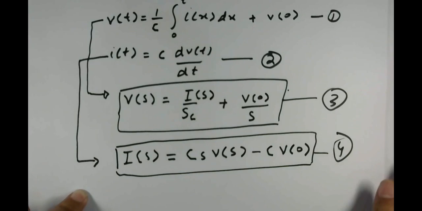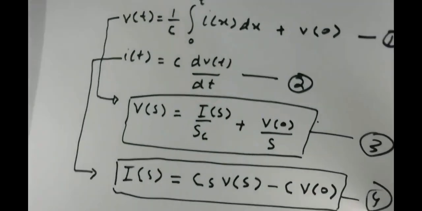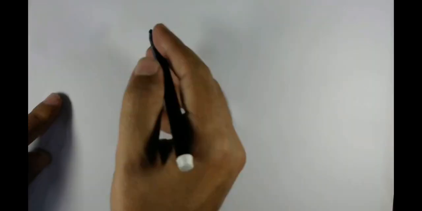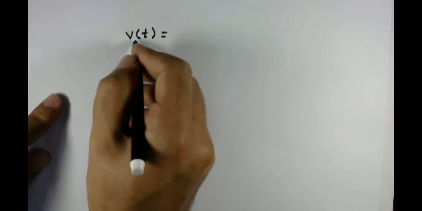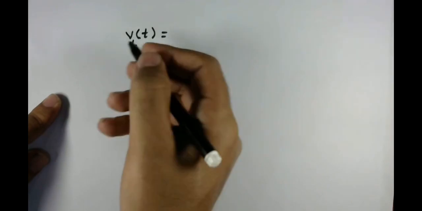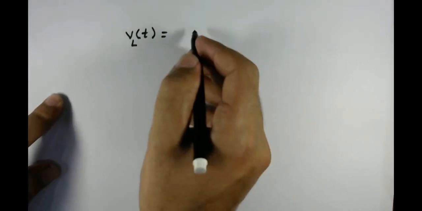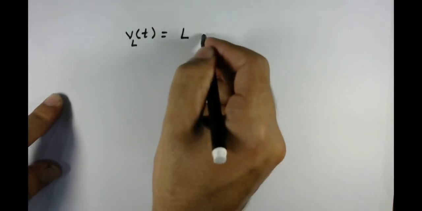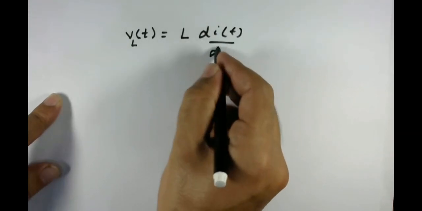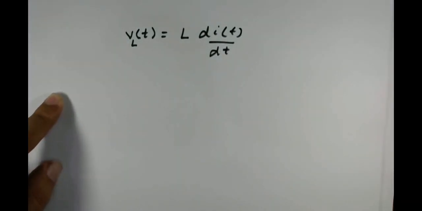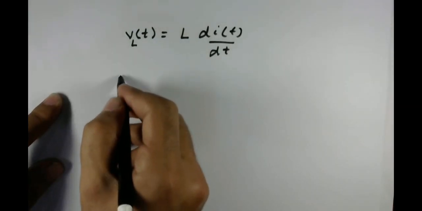The same way we can find the voltage and current relation in time domain across inductor. That will be V of t, and we are finding it across inductor, so you can put VL over here. Okay, L over here. So this will be L di of t by dt. Okay, this is voltage equation, and this will be your current equation.